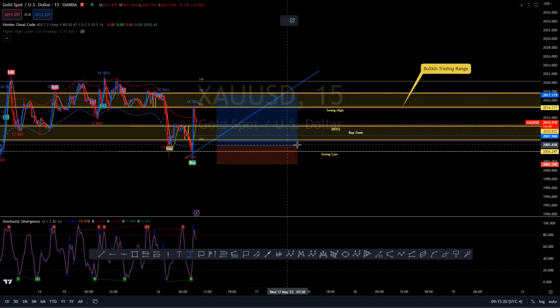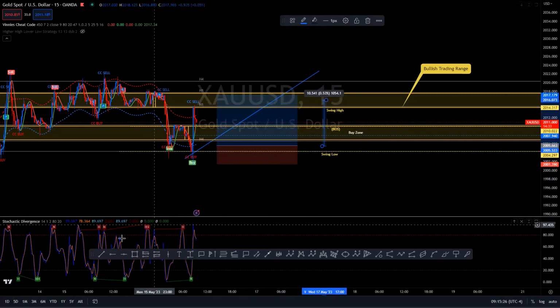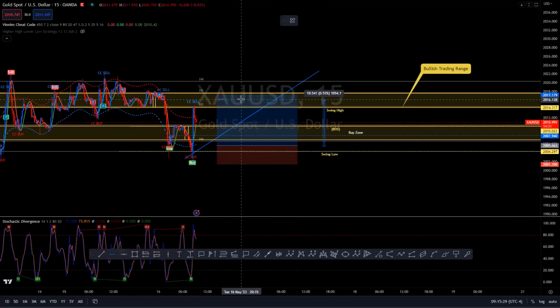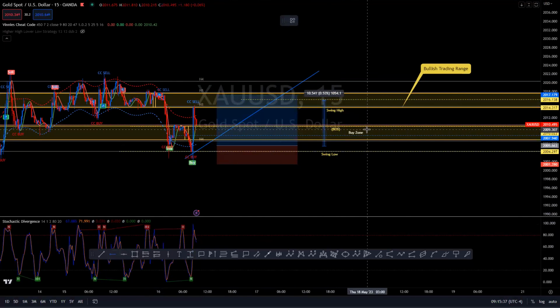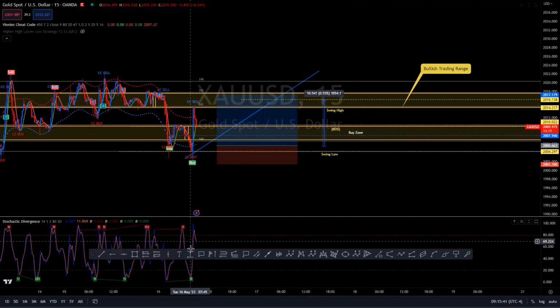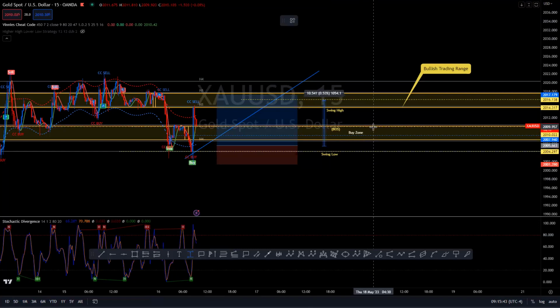If price goes all the way down in this area somewhere, my goal is to get at least this much of gold coming out, from down here. Now, if it happens to come down to this area, my goal is to get this much gold, all the way up to here.